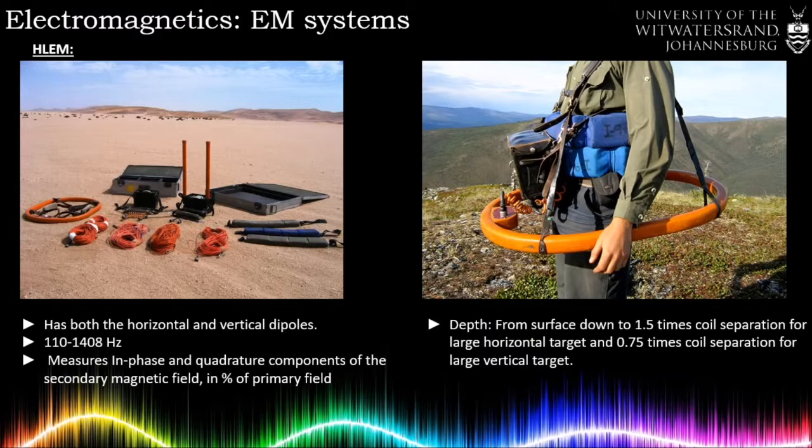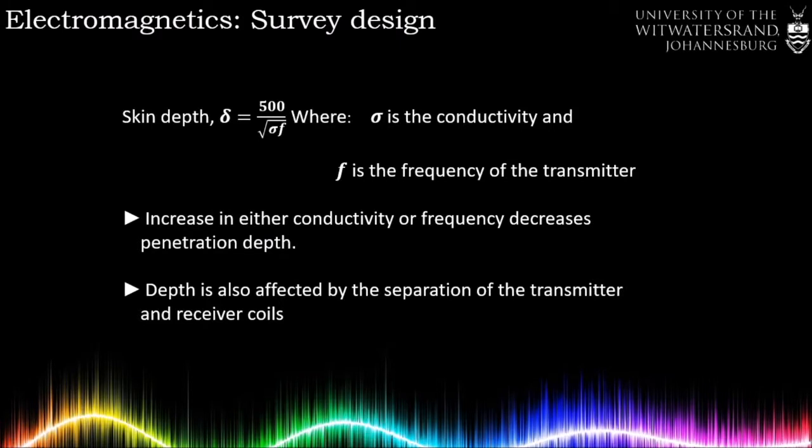But as a rule of thumb, 0.75 times the coil spacing. Those are the main frequency systems. I'm not going to go over the time domain stuff. Depth is, as you can see, the same as magnetotellurics, so your conductivity and your frequency play a big role. When you're taking measurements with the system, make sure you know what frequency you're taking it on.